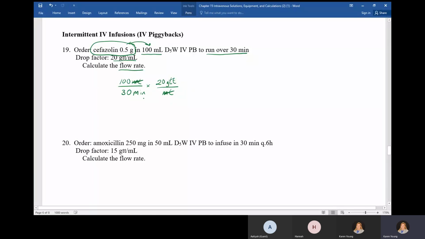Okay. So if you're given minutes, and you're wanting it in minutes, don't do the time conversion. I'll cancel a zero. That zero cancels that zero. So I've got 100 times 2 is 200, over 3.